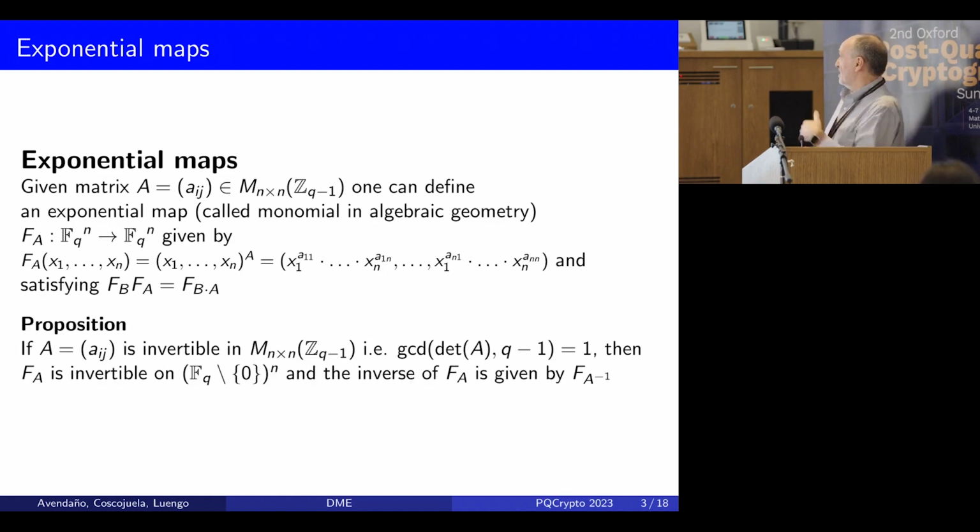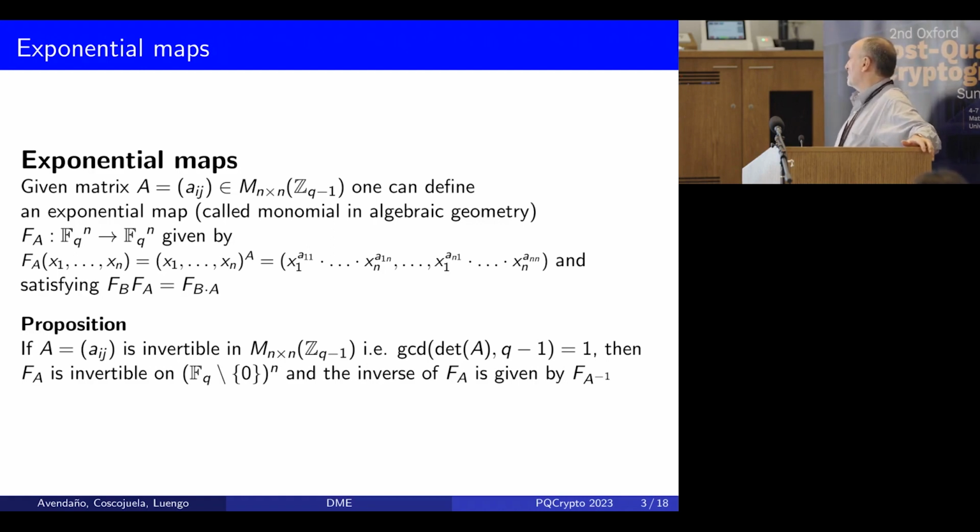That means that if the matrix is invertible, then you can invert the map, and this is what is given in this proposition. So we have a matrix over the integers. We are working in a finite field, so you can take the exponent mod q minus 1 if they are different from 0.